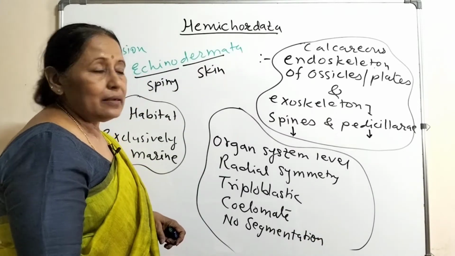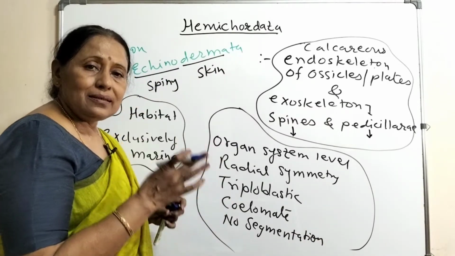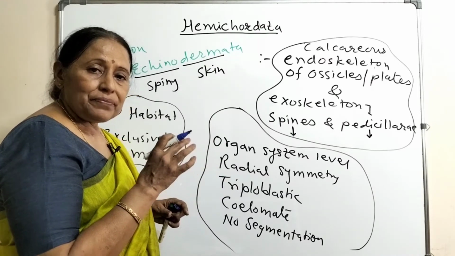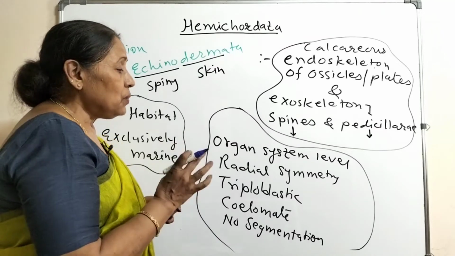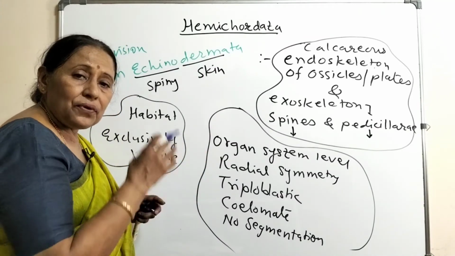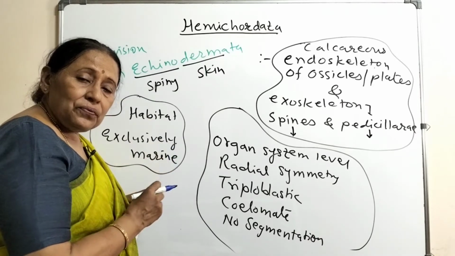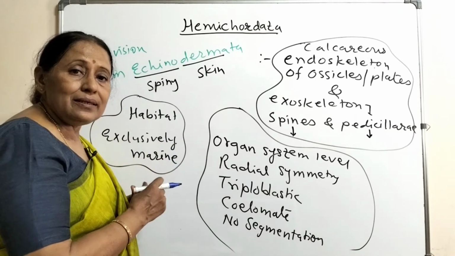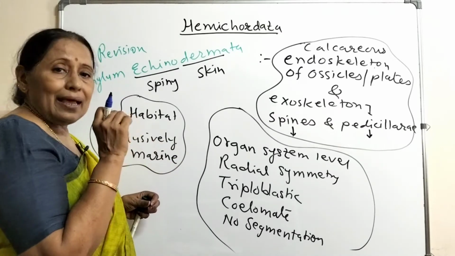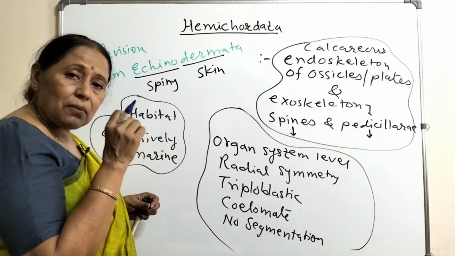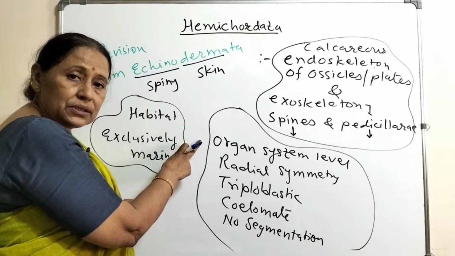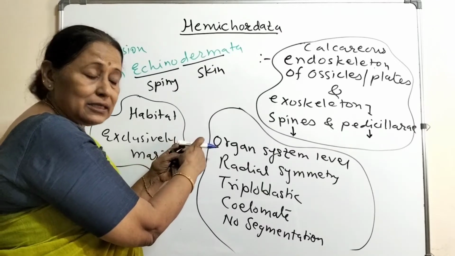As I said, now we are moving towards completing all of the 10 phyla of non-chordates. So now you should be able to recall from which phylum which level of organization is there for the different points. So if you take annelids, then from annelids all have organ system level of organization, all have bilateral symmetry.